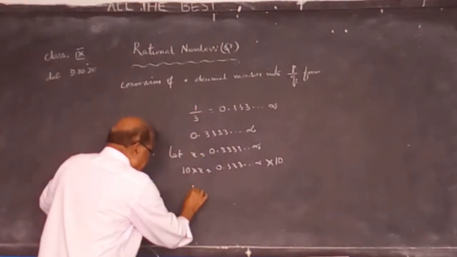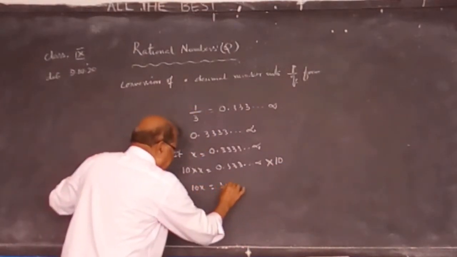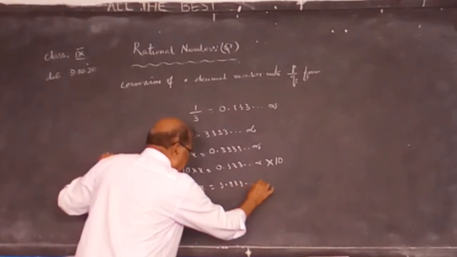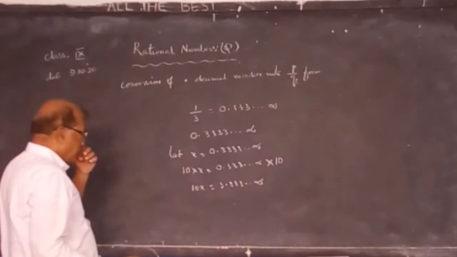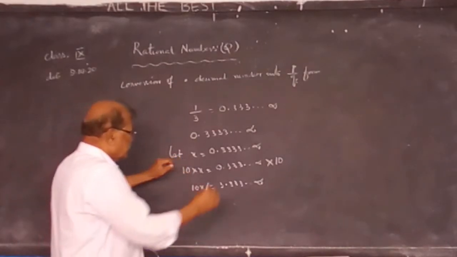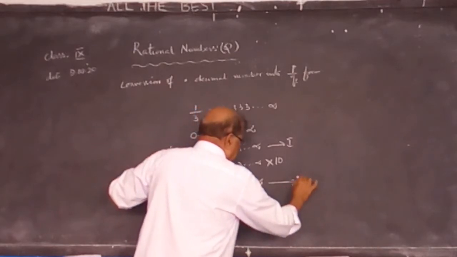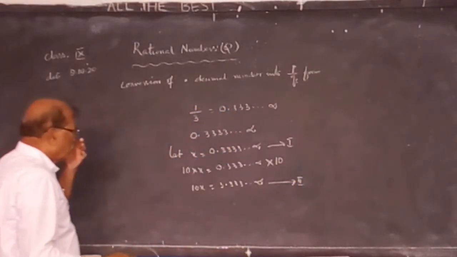So what happens? 10x is equal to 3.333 up to infinity. This is 10x. So, subtract. This is 1. This is 2. Subtract 1.